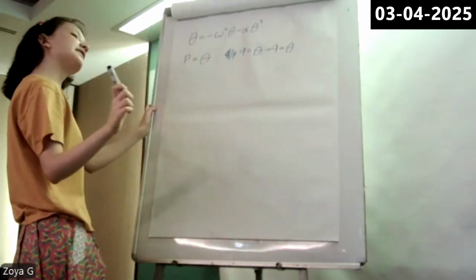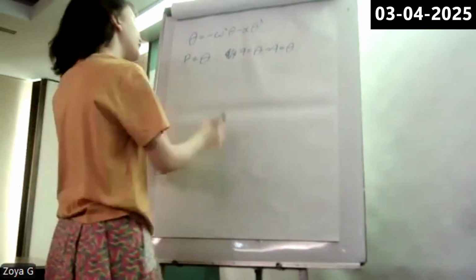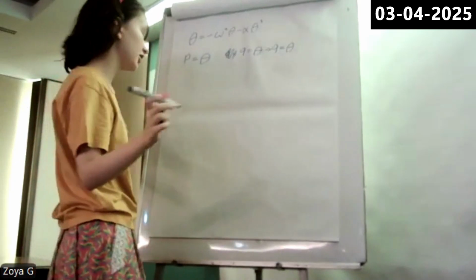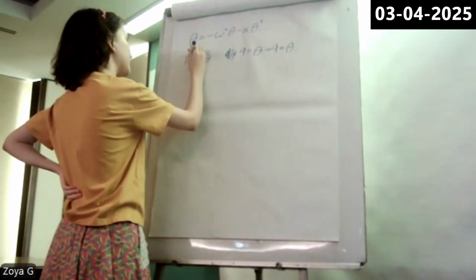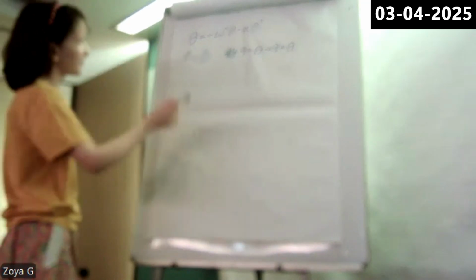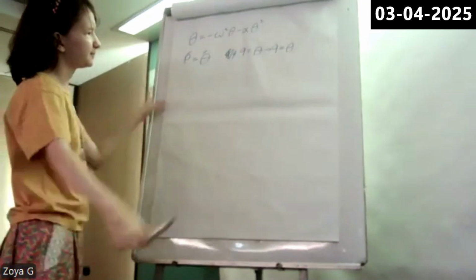And what else is theta dot equal to? Right, from this equation right here. This isn't something that you should be allowed to do, but I'm going to do it anyways. Cancel one of the dots, and we're left with p is equal to theta dot.